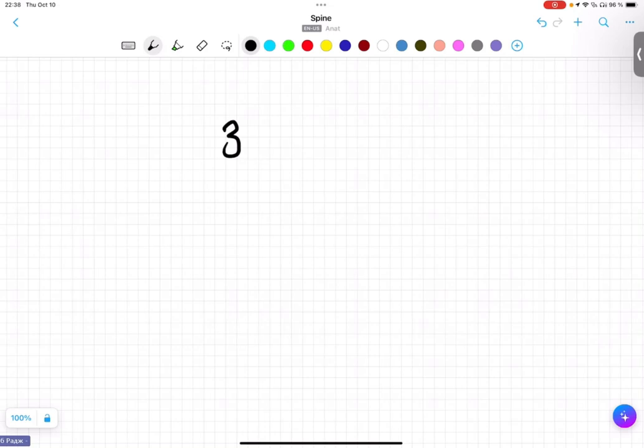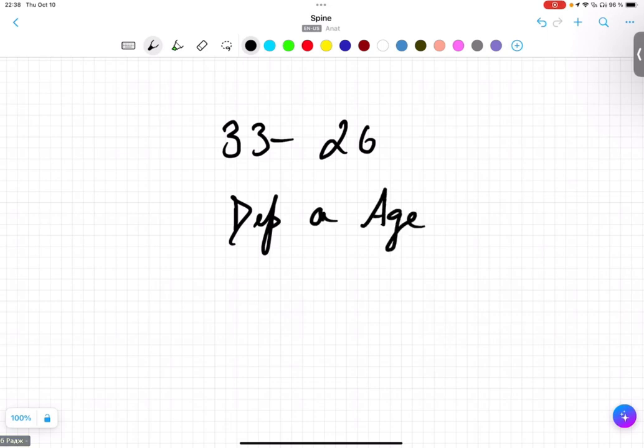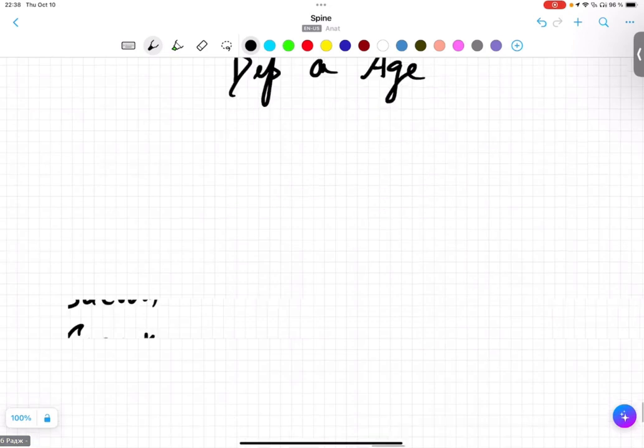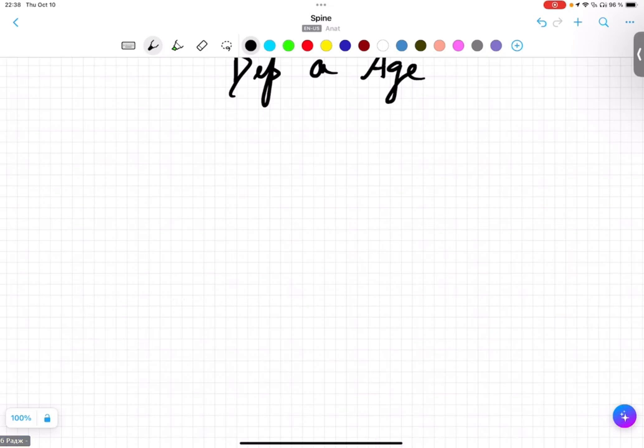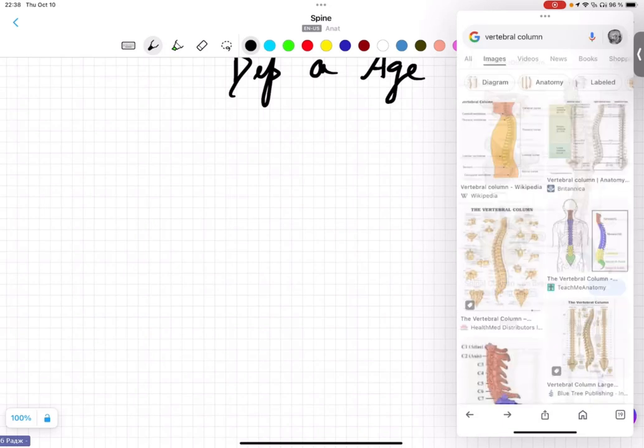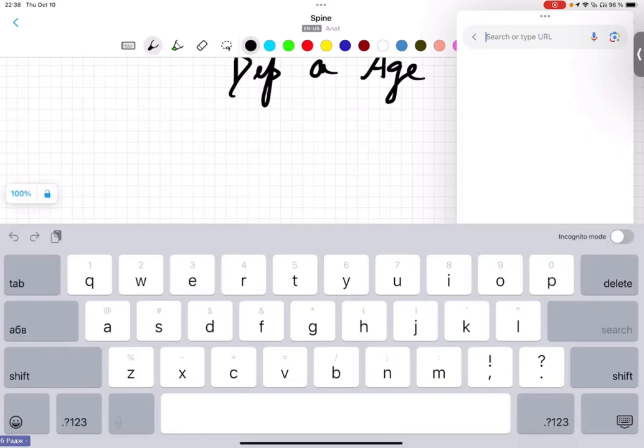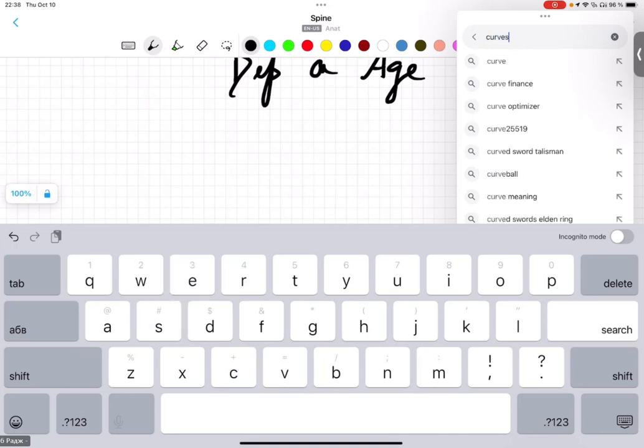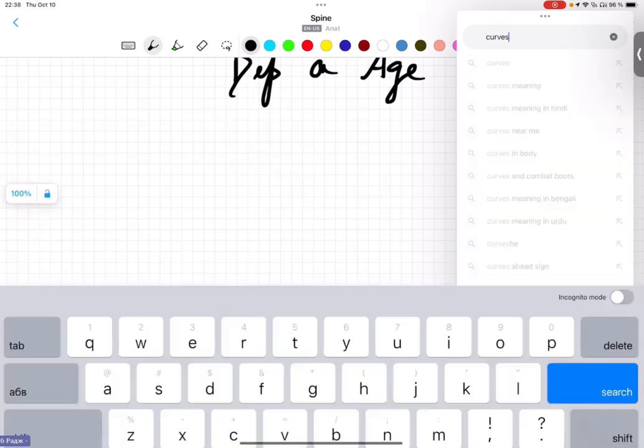That can range from 33 to 26, depending upon age. Got this? समझ में आया इतना? Yes. Now, when you are born as a child, अरे ये कर्व्स नहीं.